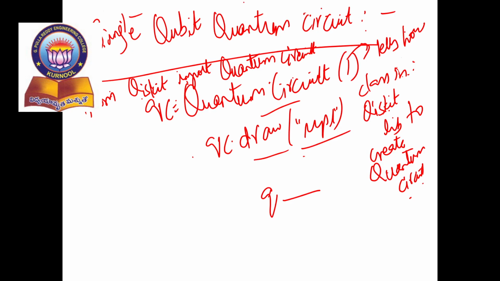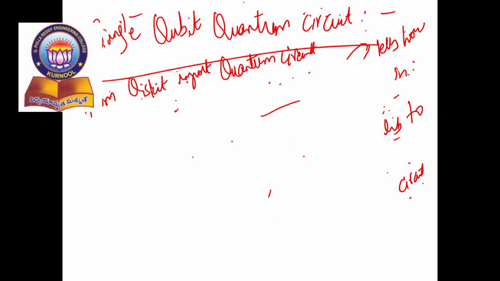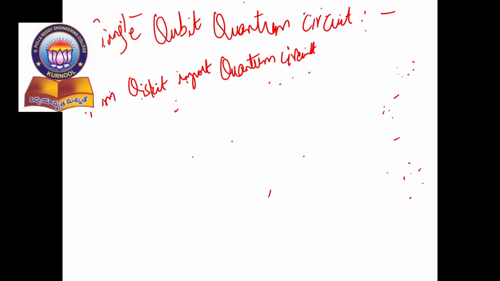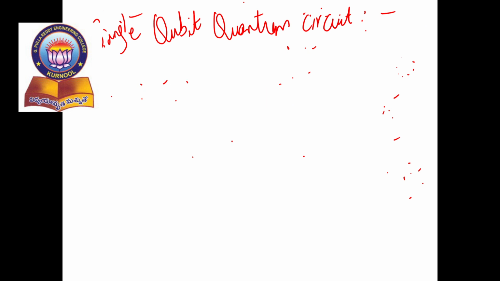So now we will apply different gates like the X gate and also the H gate. Now we will understand how to write the X gate and the H gate.